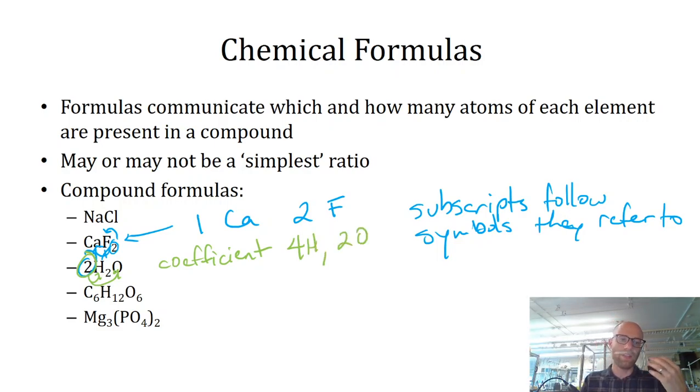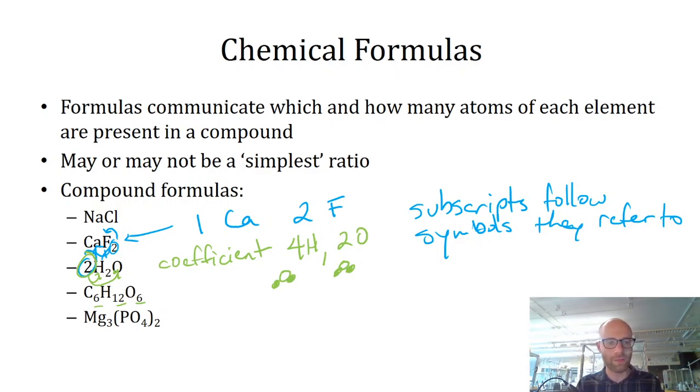The coefficient says there are multiples of the same particle over and over again. So this would be like showing 2 particles where that H2O is upheld. Like I said, you may or may not see these lowest terms ratios.